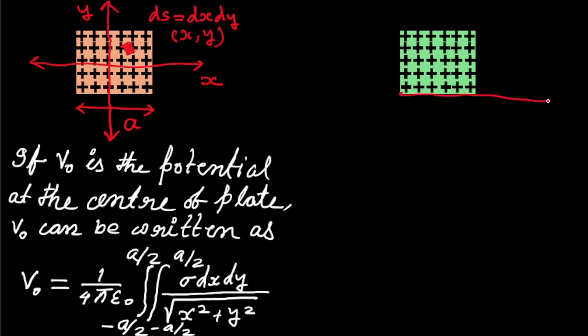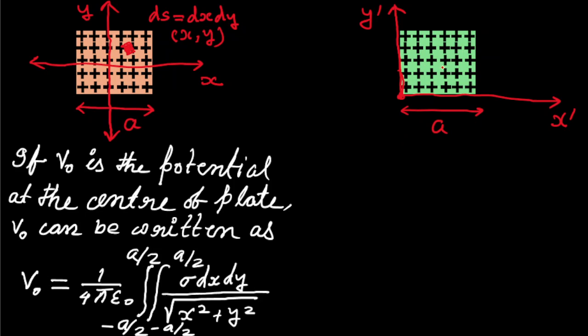Again we are considering a rectangular coordinate system, but in this case let's say the origin of this coordinate system is at one of the corners of this plate, and again the sides of the square plate are parallel to the axes, and let's say this is the x prime axis and this is the y prime axis, and the side of the square plate is the same as previous.